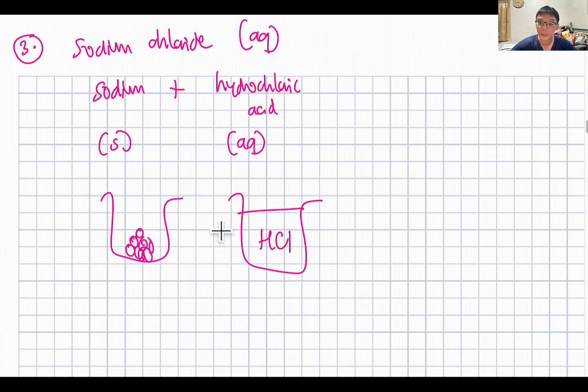Now what you need to do is that the insoluble part, the metal part, should be in excess. And then you pour warm acid, so that the reaction will be much quicker.